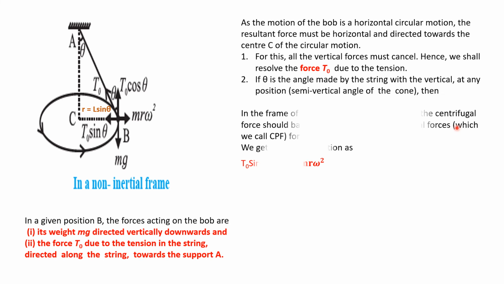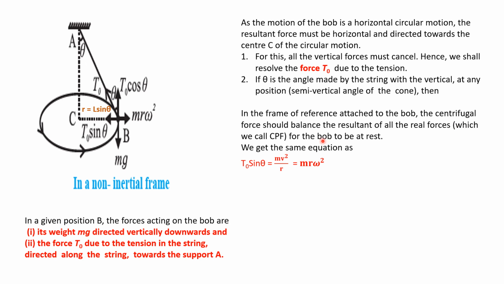Then we can say that when the bob of this conical pendulum is attached to the non-inertial frame of reference, the centrifugal force, which is acting away from the center of this circular motion, should balance the resultant of all the real forces, and we call it the centripetal force, for the bob to be at rest.